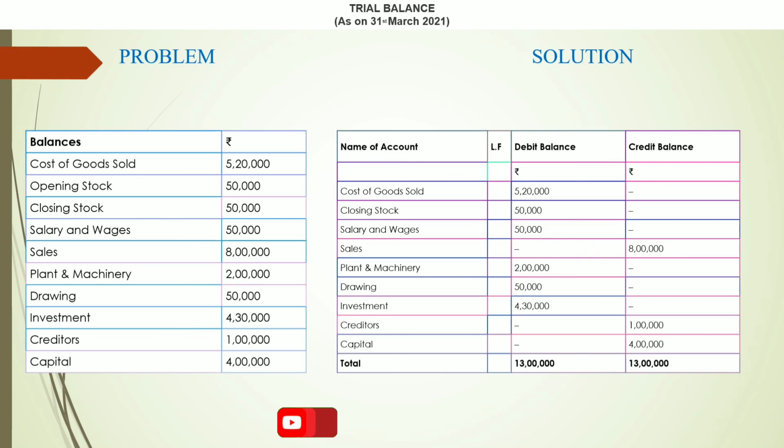Capital, I told you the capital is a liability, so it will come on the credit side of the trial balance. So if we total, we enter correctly the debit and credit balances respectively. In that situation, the debit balance and credit balance of this particular problem come to 13 lakhs. That shows this problem tallies.